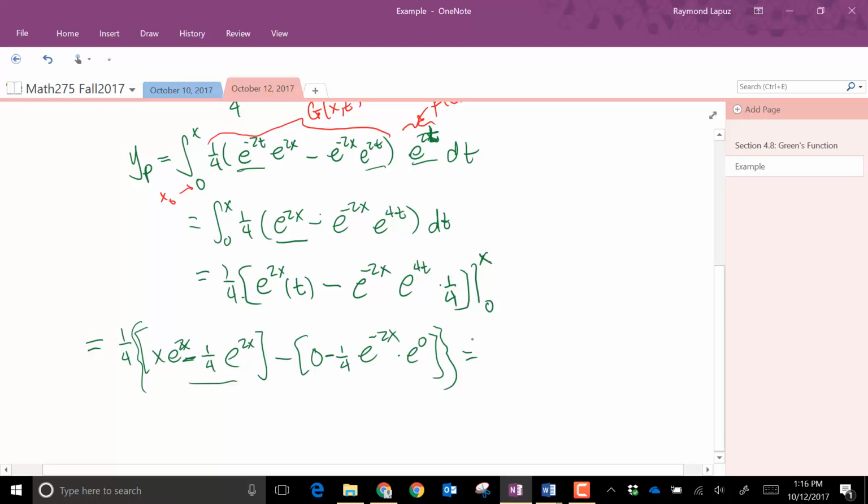So it looks like we're going to have a 1/4 x e to the 2x minus 1/16 e to the 2x. And then here we have a minus, that's a positive, and then a 1/4 and a 1/4. That's 1/16 e to the negative 2x. That's your particular solution.